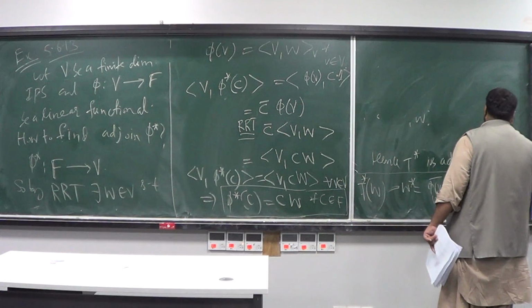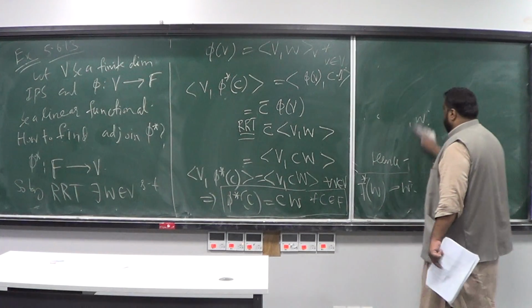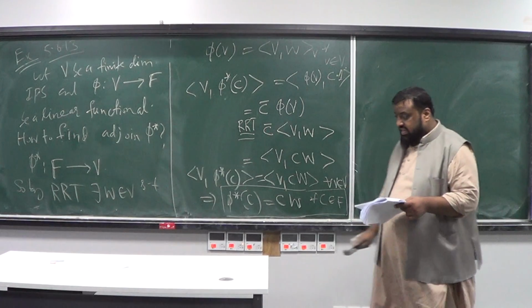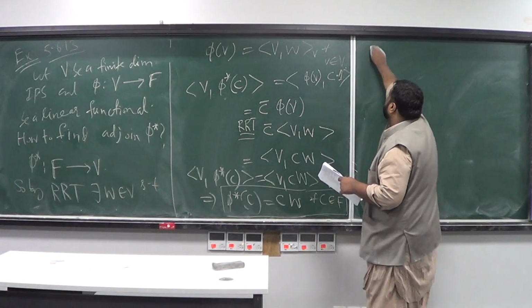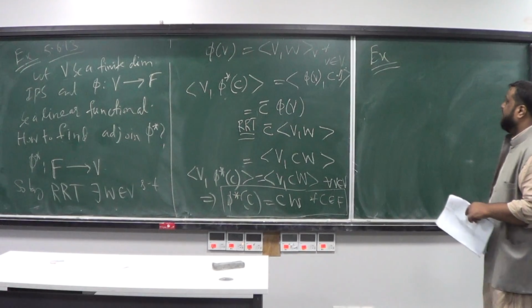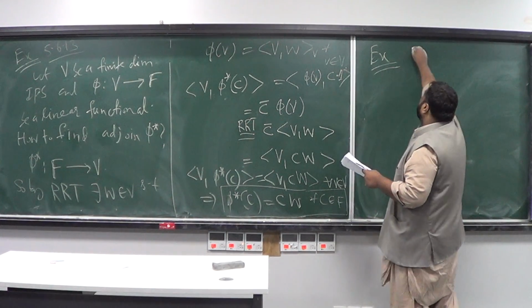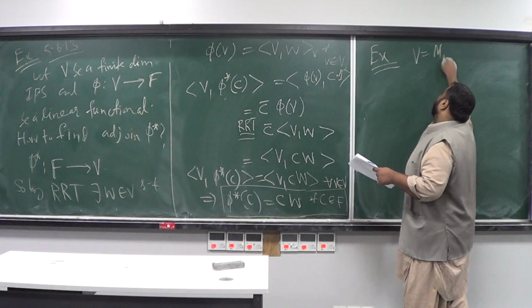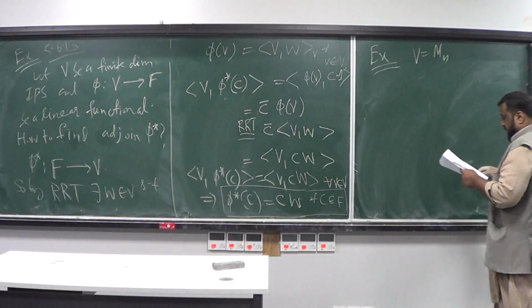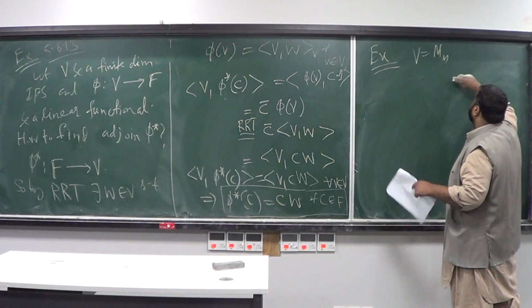Another example that we can have is from matrices. Let's compute its adjoint. Let's take V to be the collection of all n by n matrices with Frobenius inner product.